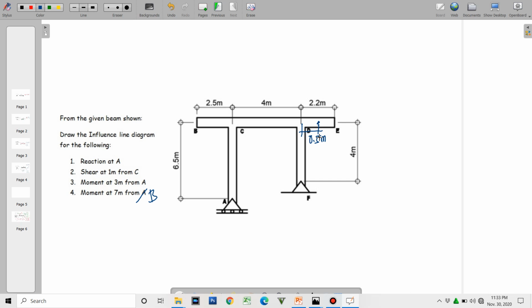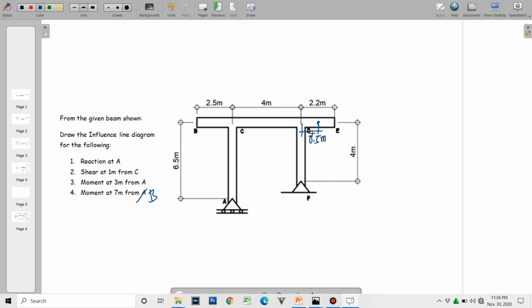Usually, if we apply the Mahler-Breslau, the location is enclosed between two support reactions, but this time the reaction lies on one side only, so we cannot really apply that Mahler-Breslau. So we have no choice but to apply the equilibrium equation to solve for the moment at this point.